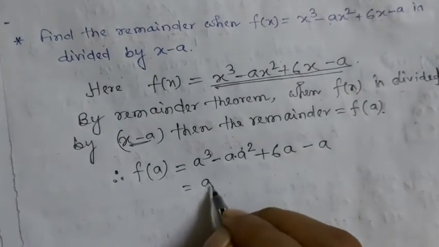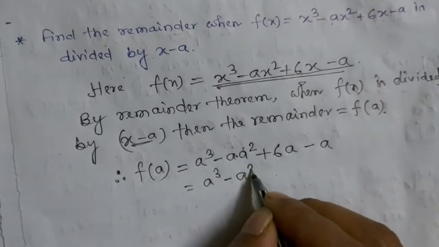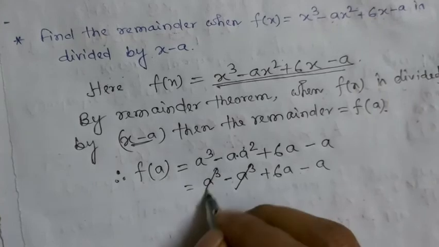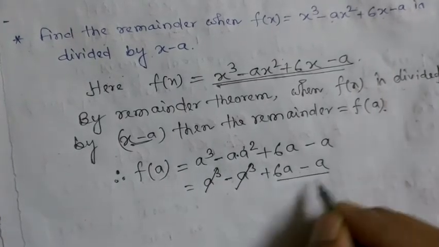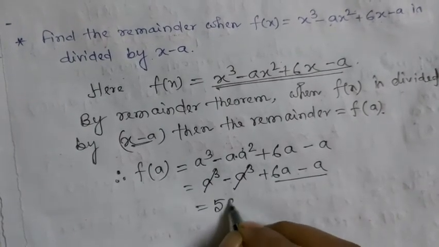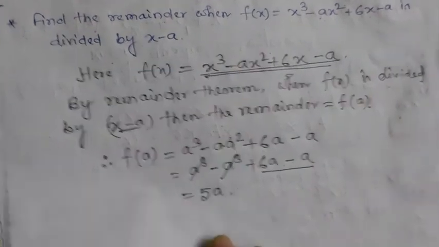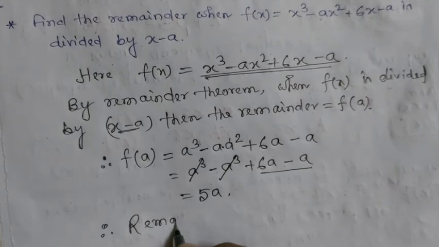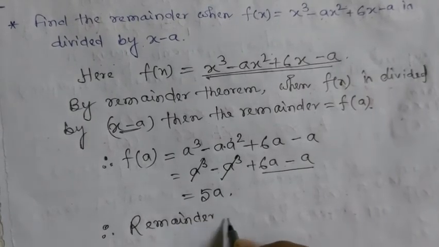So this is a cube minus a cube plus 6a minus a. A cube minus a cube cancels, and 6a minus a is 5a. So that is the remainder: the remainder equals 5a.